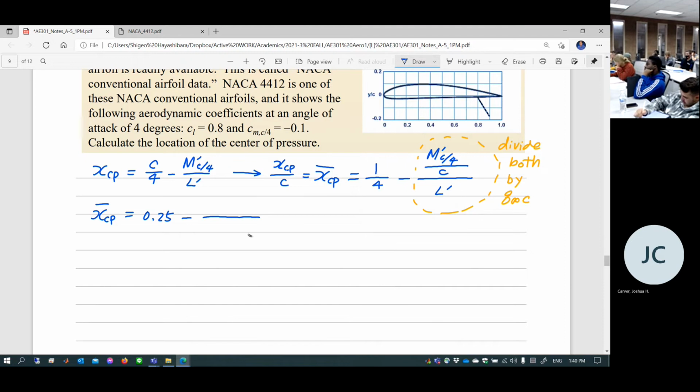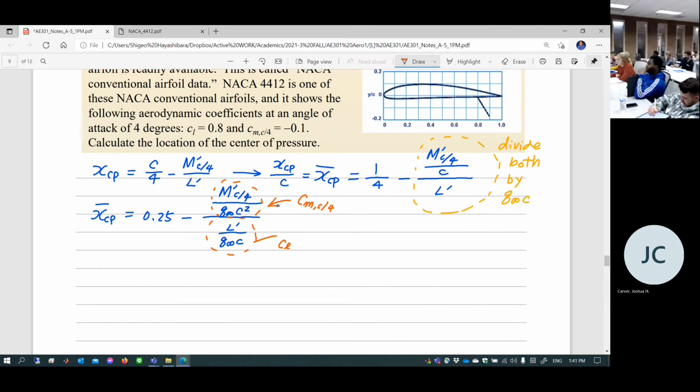Dividing both, you're going to have M prime quarter chord divided by Q infinity C squared, and L prime over Q infinity C. So the question is, what's this? CM quarter chord. And this? CL, the lift coefficient.